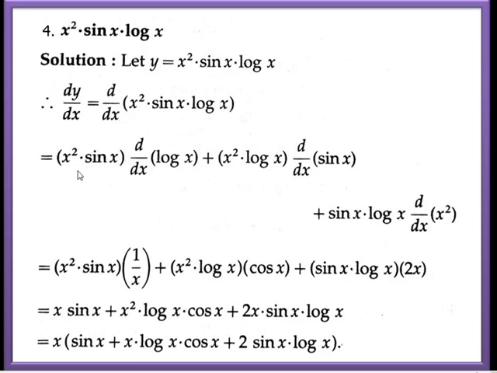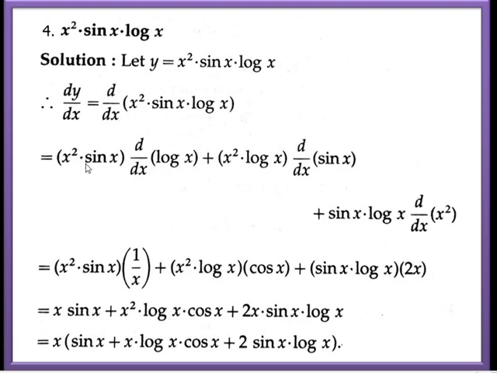So what is derivative of product? First, x square sin x, into derivative of second plus second into derivative of first. Okay. Now what is derivative of this is basically first into derivative of second plus second into derivative of first.